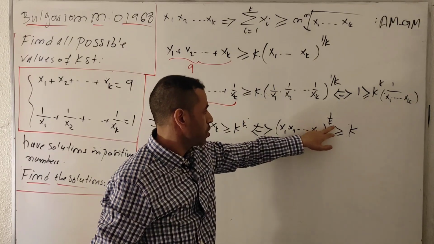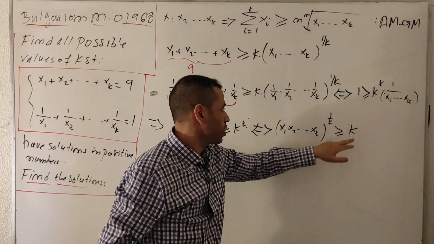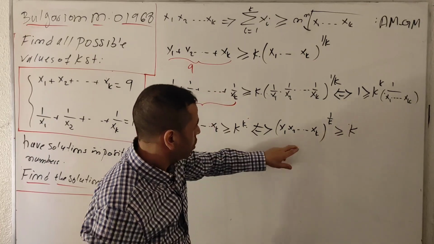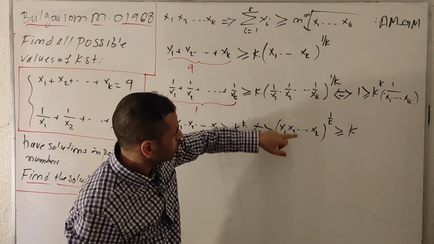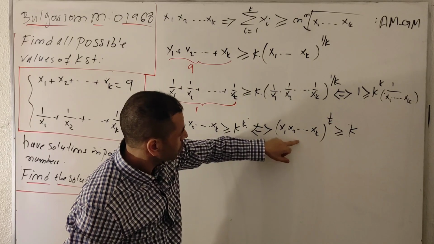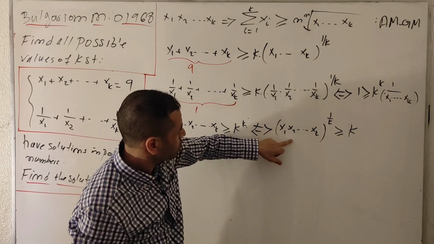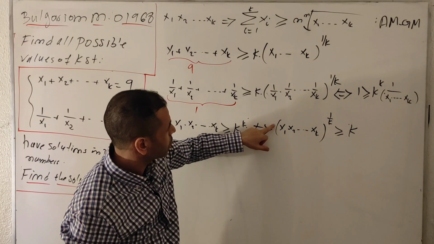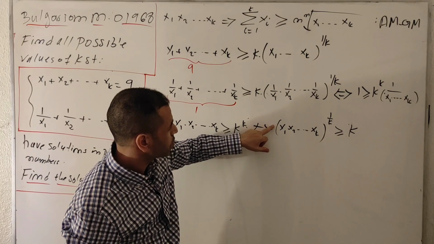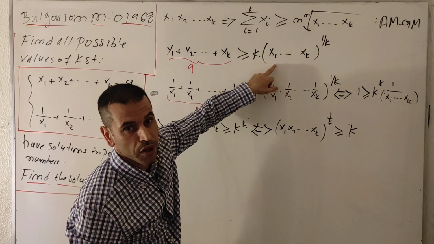That's what happened here. Now if you take a look at both expressions, this one is the same as this one, but it needs to be multiplied by k. So I'm going to multiply both sides by k in order to get to the same one that I have here.